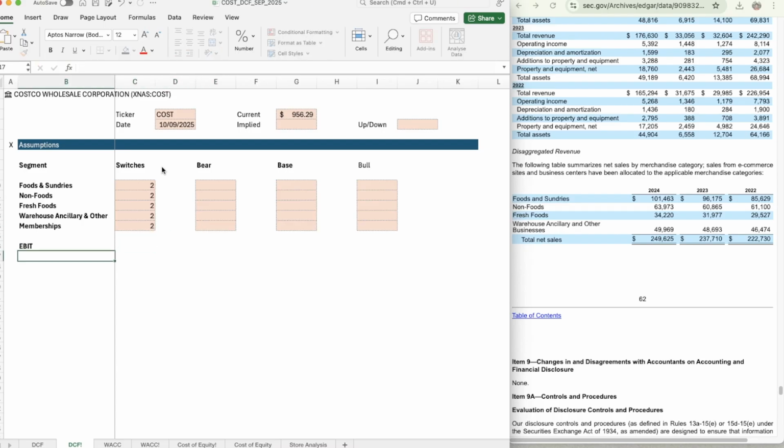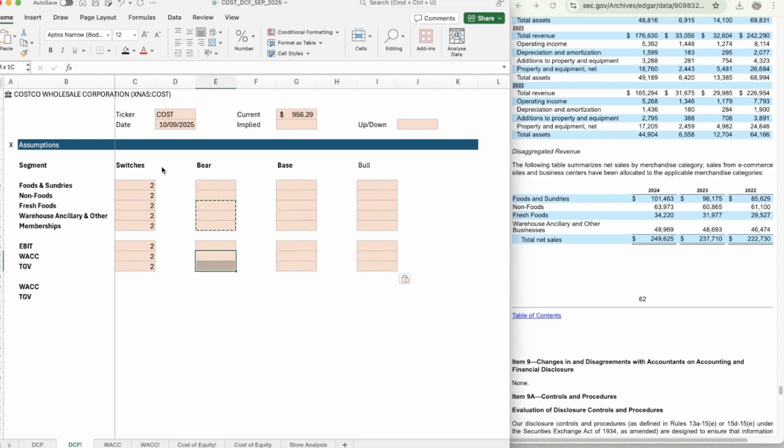Then we have the EBIT, WACC, terminal growth value, then sorry, I don't have to do. There we go.